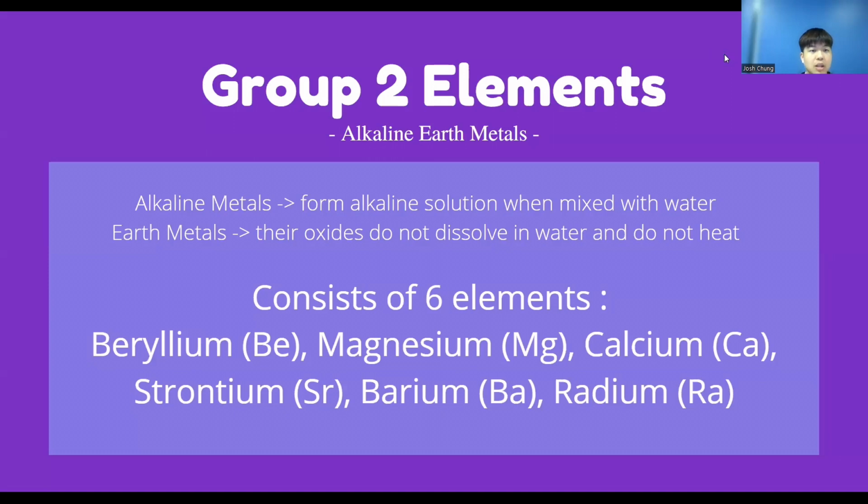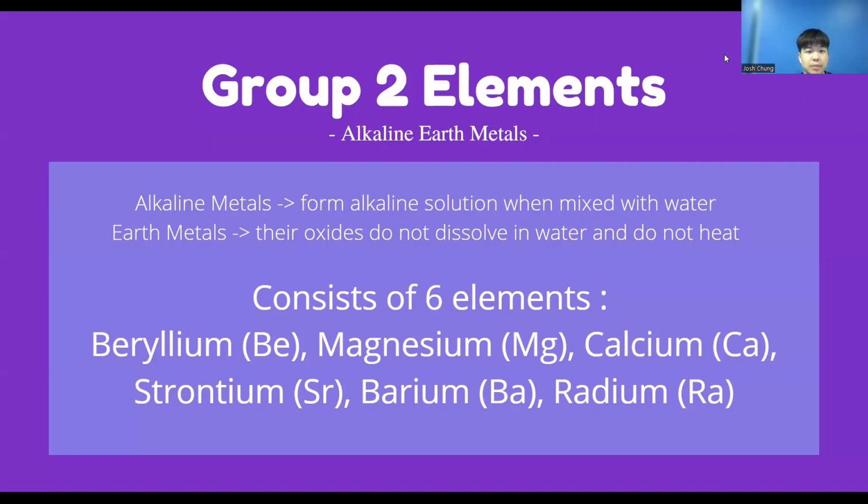Okay, so I'll talk about group 2 elements, which are the alkaline earth metals. Why is it called alkaline earth metals? It is called alkaline because they form an alkaline solution when they mix with water, and it's called earth metals because the oxides do not dissolve in water and are resistant to heat.